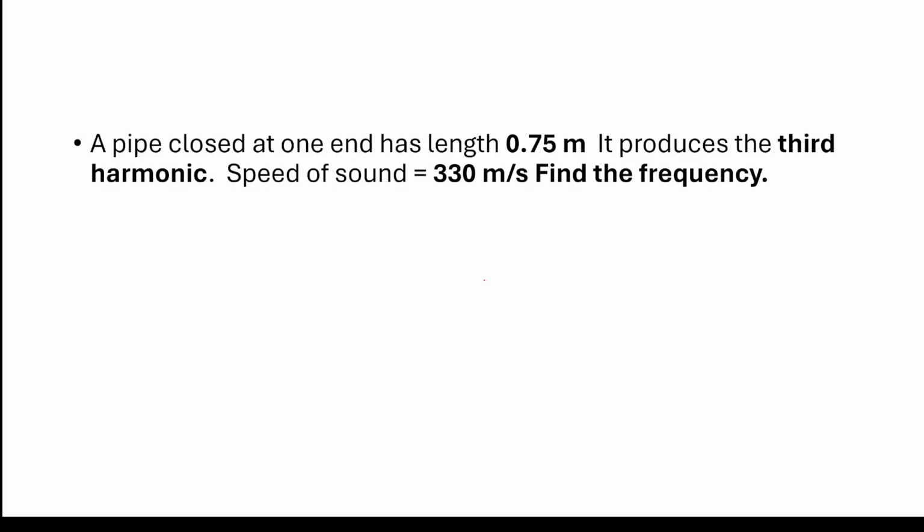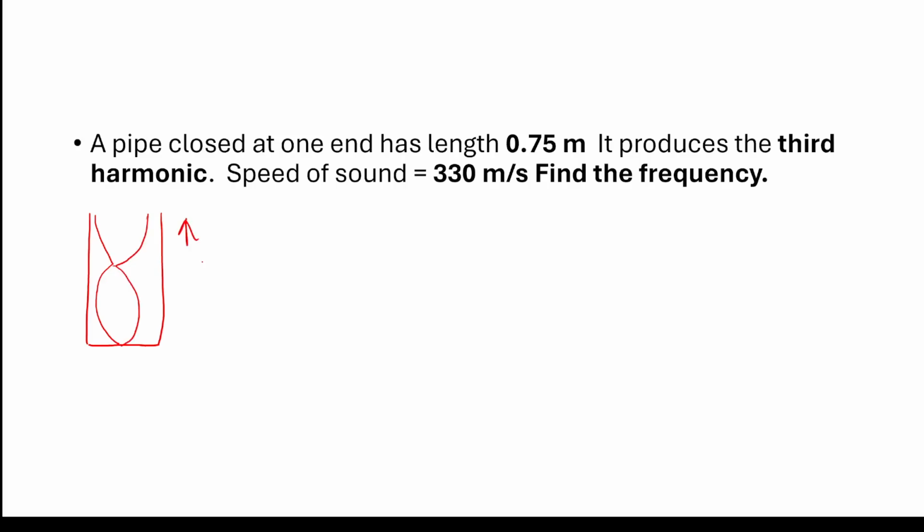A pipe closed at one end. So this time the pipe is closed at one end. Go ahead, pause it yourself and do it. Closed end. It produces the third harmonic. Okay, so if it is the third harmonic, this is the third, because remember the second is absent here.